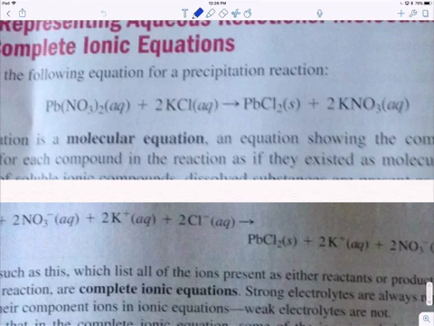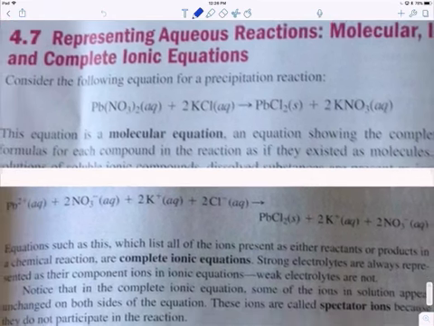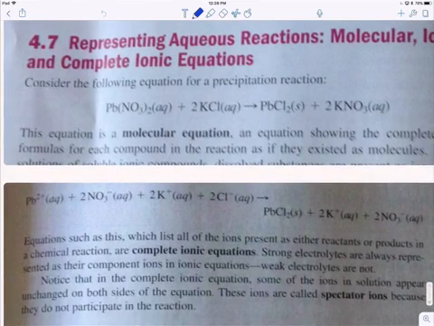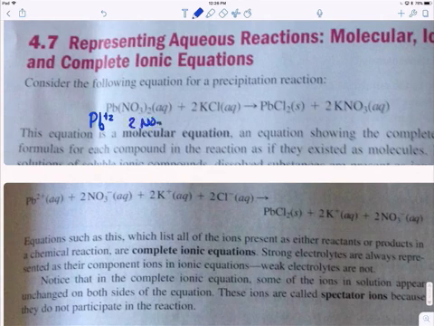This is known as a molecular equation. So you can see that everything's paired up, with its positive ion together with its negative anion. Now, what does this actually mean? So lead nitrate means there's a lead +2 ion, and then there's 2 NO3 anions. So we can write that like this.